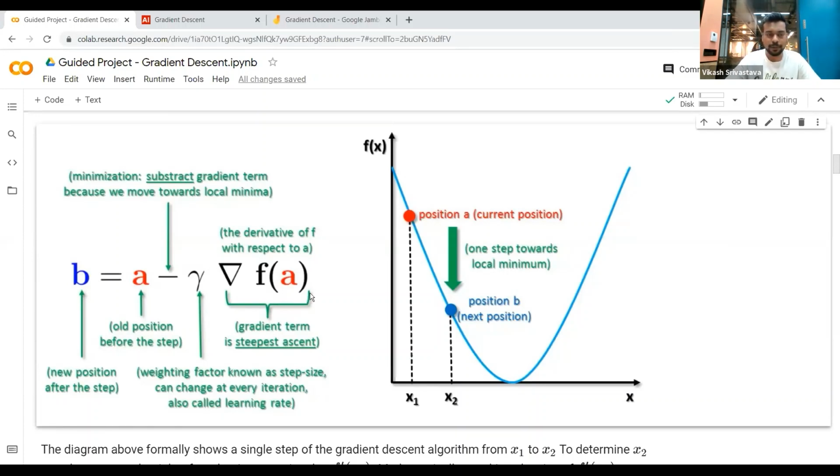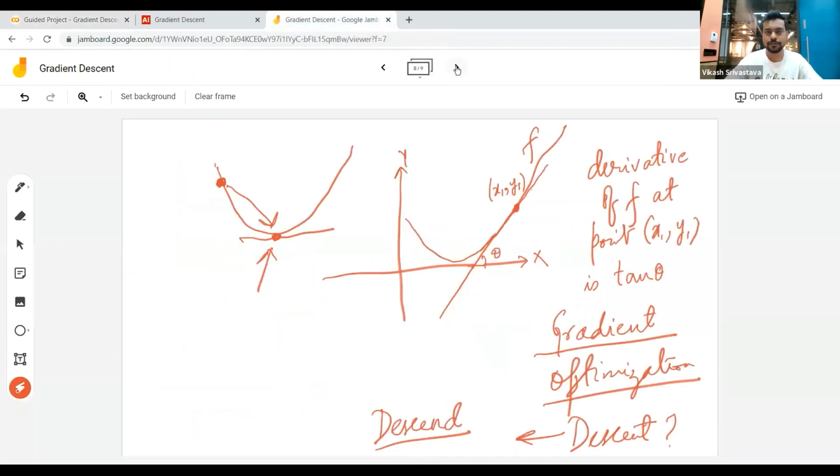That will be defined as del f(a), and then there is one factor here, which is gamma, or what we also call the learning rate. That defines how quickly we're able to descend to another point, right? So let's try to understand this algorithm here.